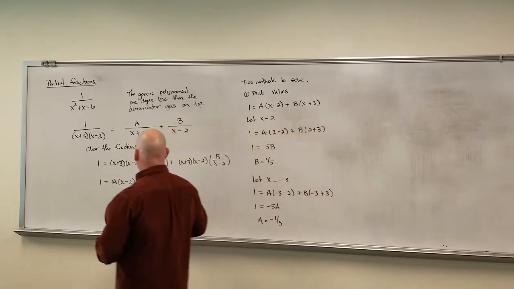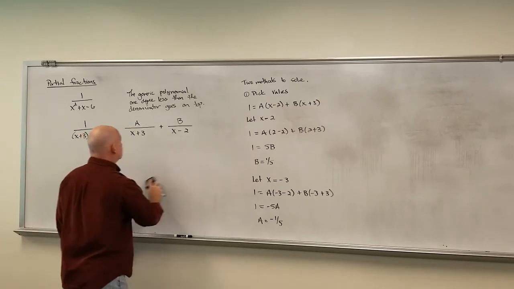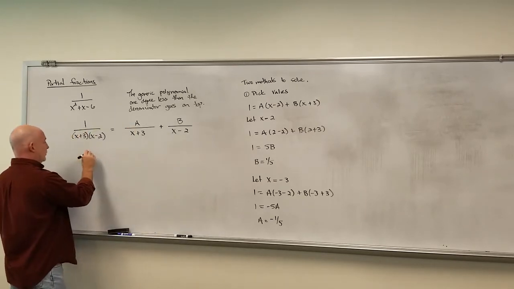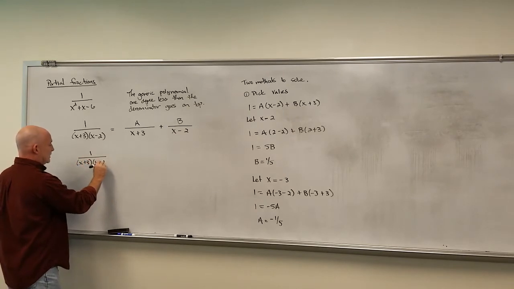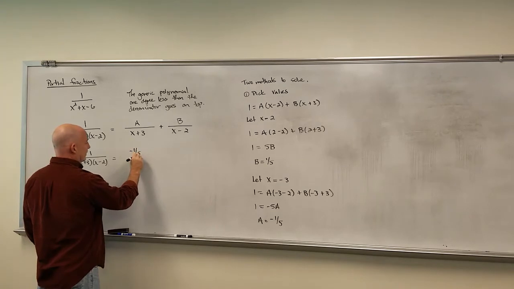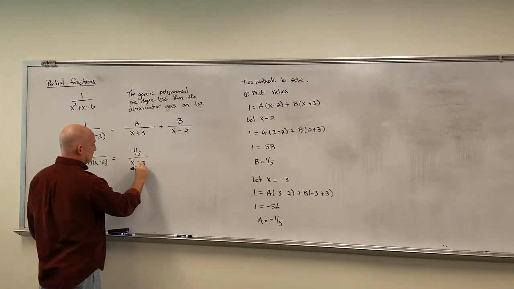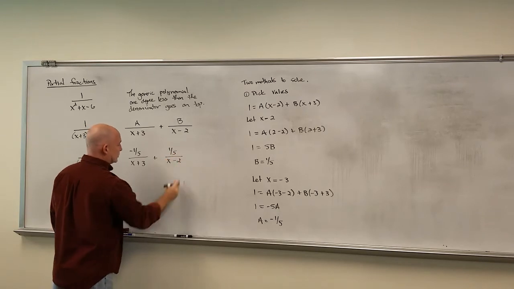So let's see, I'm going to go back over here, which means our original fraction, 1 over (x + 3)(x - 2), is equal to (-1/5) over (x + 3) plus (1/5) over (x - 2).